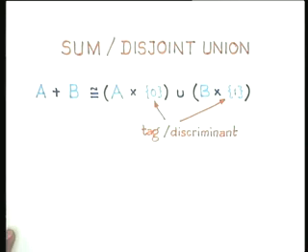Okay. So when we are talking about a sum or a disjoint union, we are really talking about two injection functions of this form.